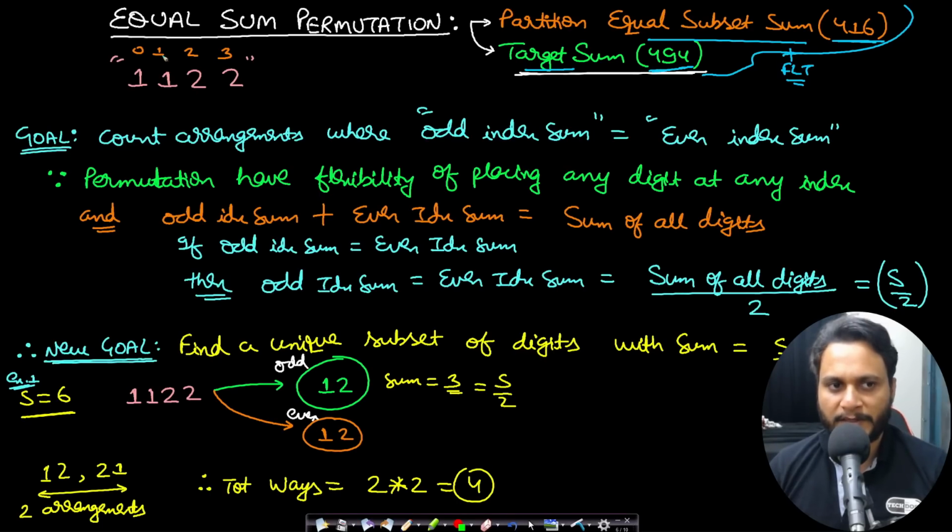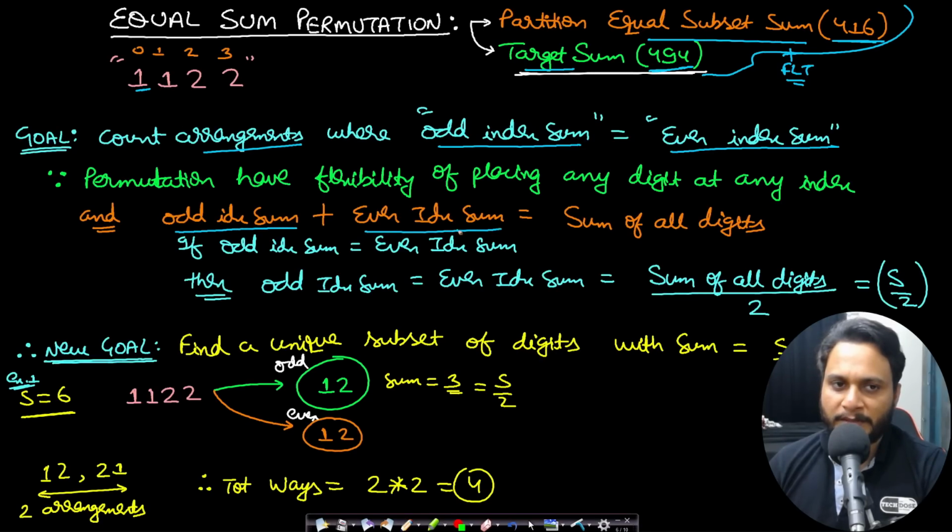It's nothing else. Now if I take an example here, the number 1122, the goal is to count the arrangements or permutations where the odd index sum is equal to the even index sum. Since the permutation has the flexibility of placing any digit at any index, because I can swap it to any place, the odd index sum plus the even index sum is equal to the sum of all the digits.